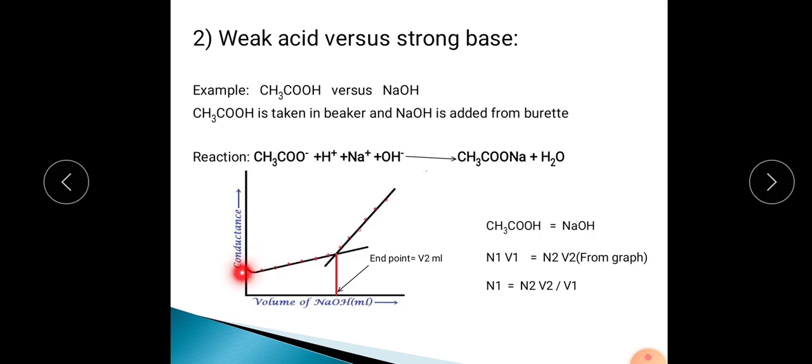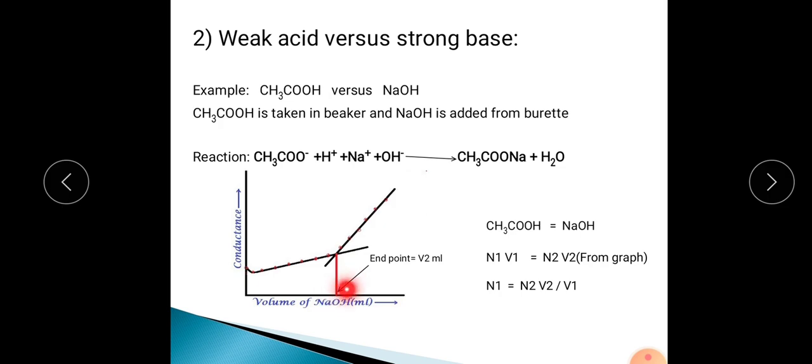So here the conductance is purely due to acetic acid. Here the gradual increase in conductance shows neutralization of acetic acid, and after this point it shows excess added NaOH. So here gradual increase and sharp increase, two lines are obtained, and the point of intersection of these two lines, and the corresponding volume, is the end point of the titration.